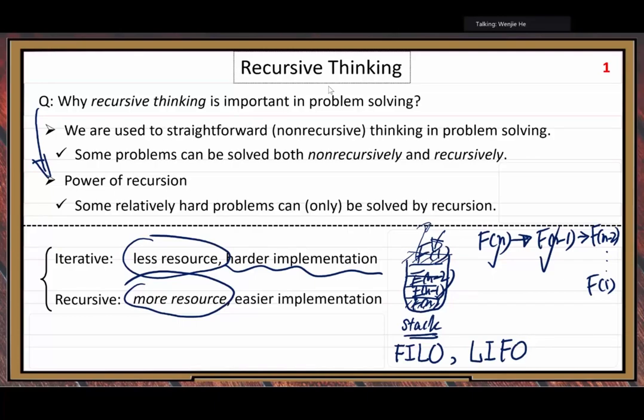For recursion, we need to have the base case. Because we already pushed f of 1, that means f of 1 is unknown. In order to calculate f of 1, we need to use f of 0, and we assume f of 0 is the base case.